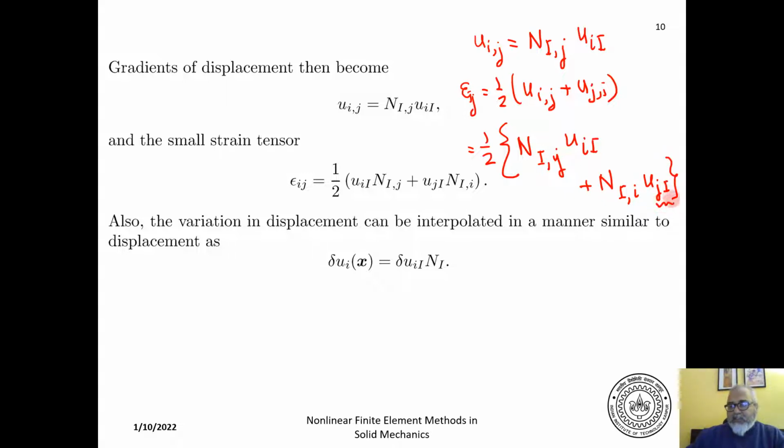Note that the capital and the small index have to always occur together. If you have a capital index, a small index has to accompany it, and they have to be looked at together. So this is your small strain, and similarly, this is your variation in u, right? So these are easily obtained.